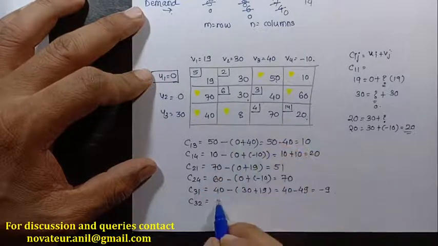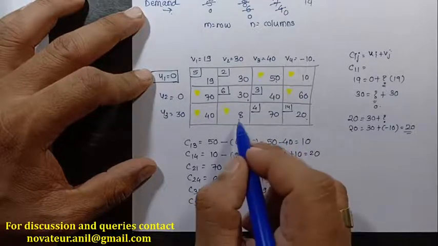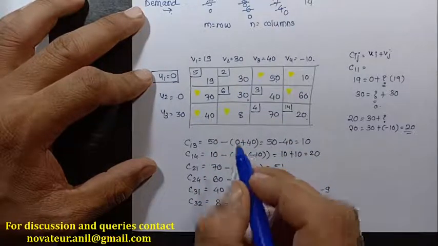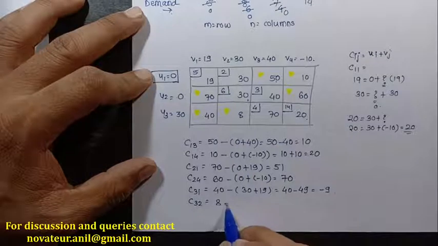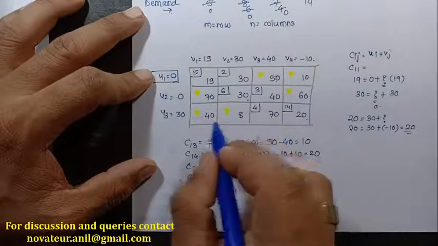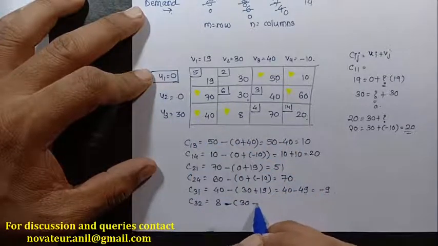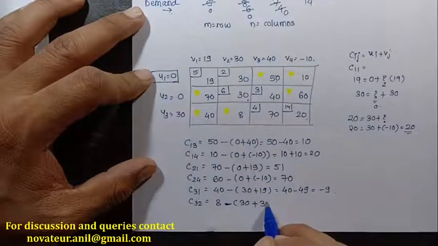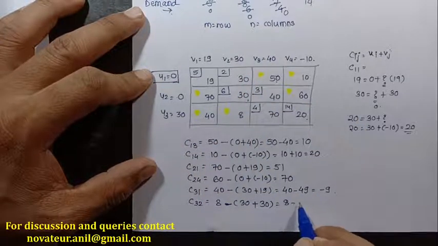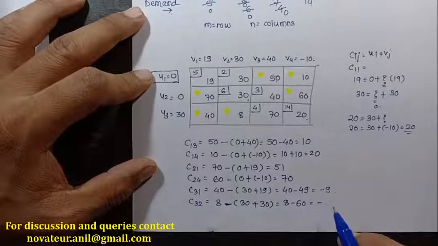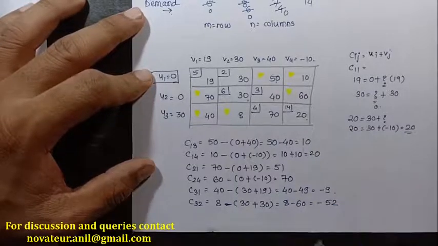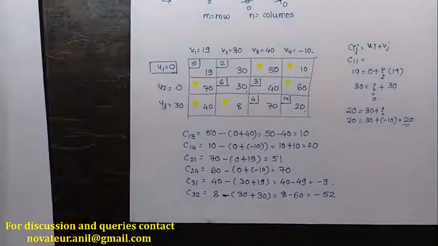And this C32, that is third row second column, is 8. 8 minus, U is 30 and V is 30, so that is 8 minus 60, which is nothing but minus 52.